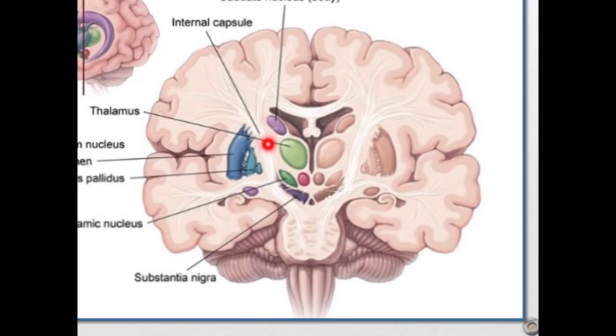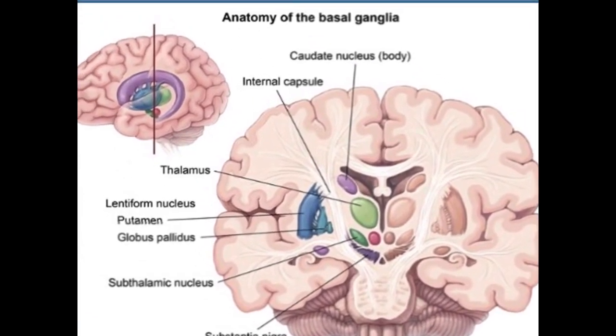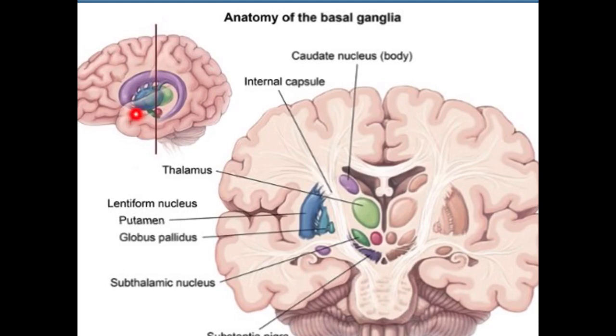What is the significance of the internal capsule with relation to the basal ganglia? Few of the basal ganglia are located medial to the internal capsule and few of them are located lateral. Before going into detail, if we do the cut section of the caudate nucleus, as I said, it is comma shaped.